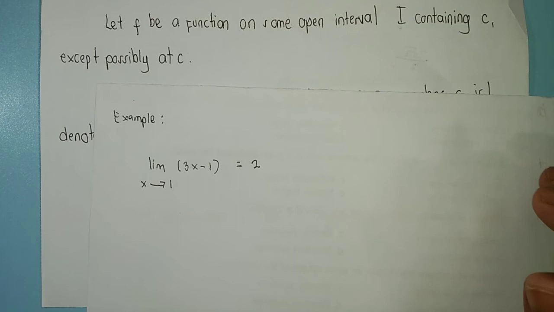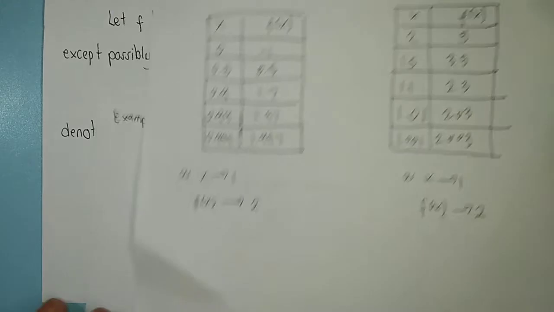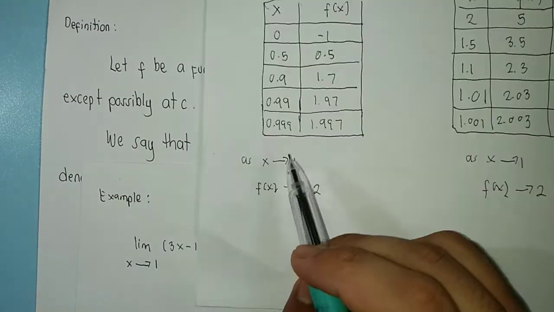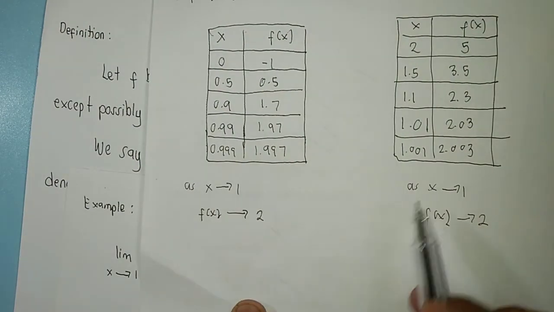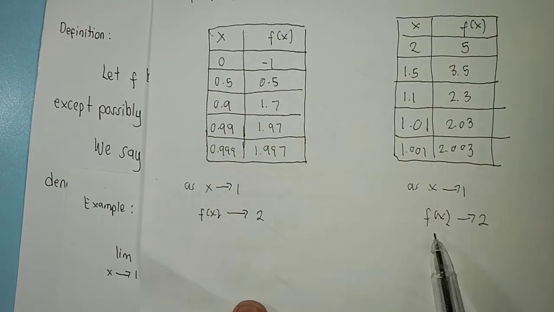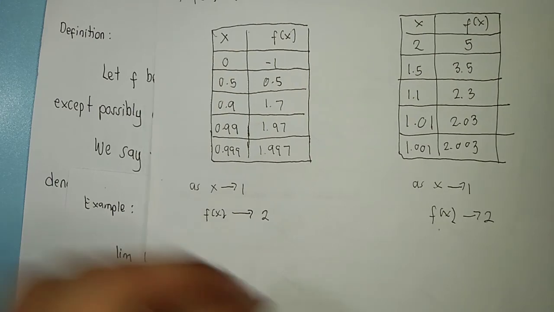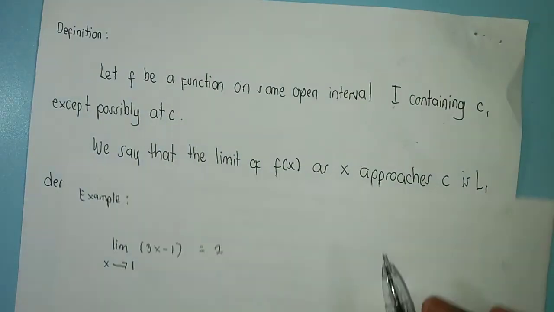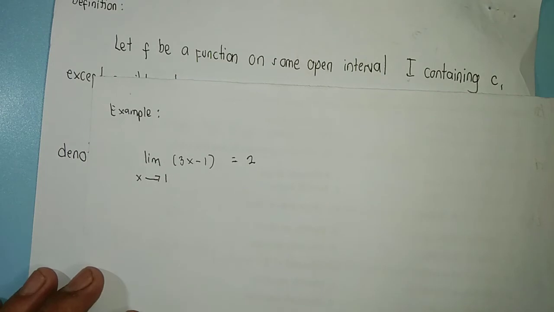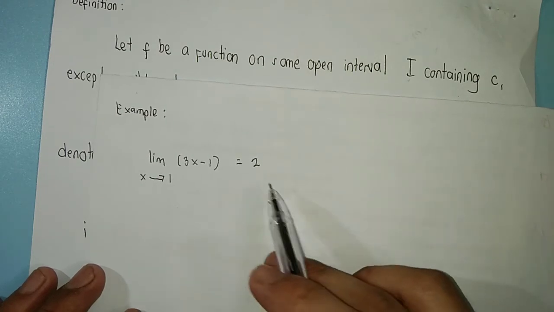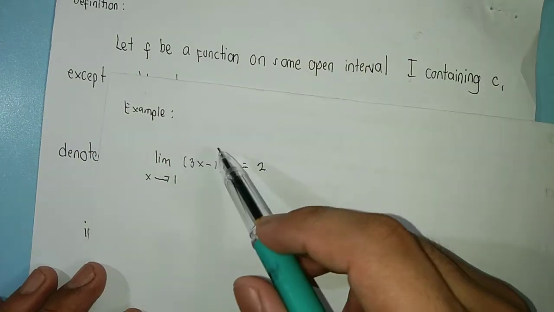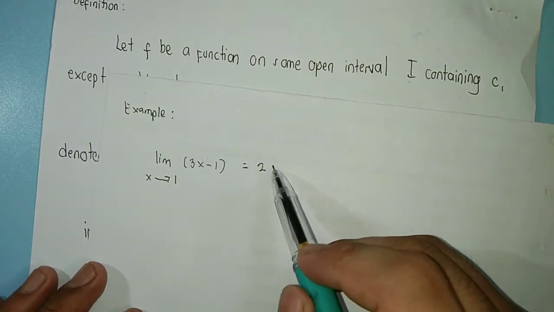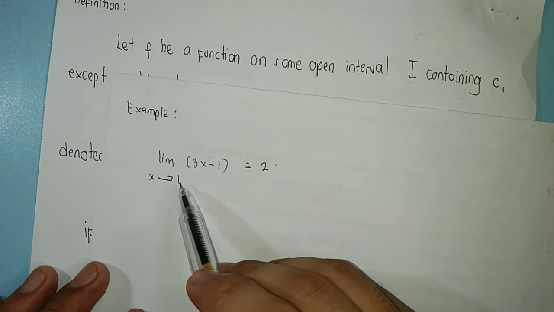Okay? Kasi kanina sa example natin, as x approaches 1, so in-approach natin yung x sa 1, ang nangyari, yung values ng f of x nag-a-approach sa 2. Okay? So that means that limit of 3x minus 1 as x approaches 1 equals 2. Okay? So ito yung L natin, ito yung f of x natin, nag-a-approach sa 2 as x approaches 1.